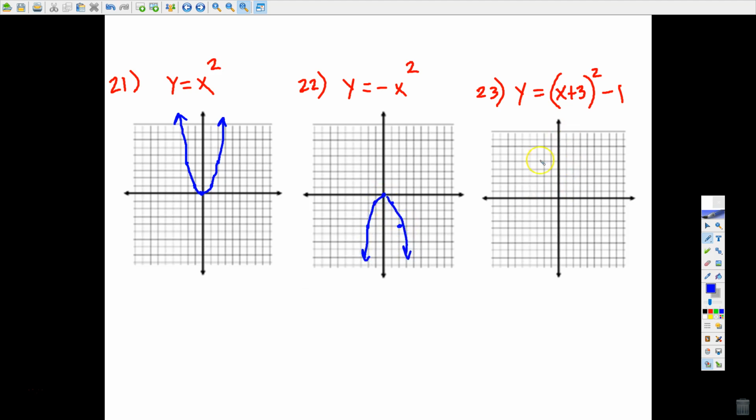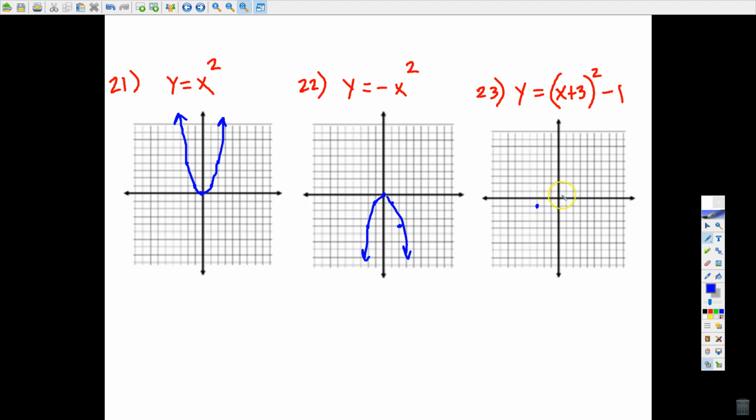Oh, missed that one. And this is taking the parent that we drew over here and translating it 3 places to the left and 1 place down. All right, so we start with the vertex here at the origin, just like the parent, and every one of the points on the parent will go left 3 and down 1.